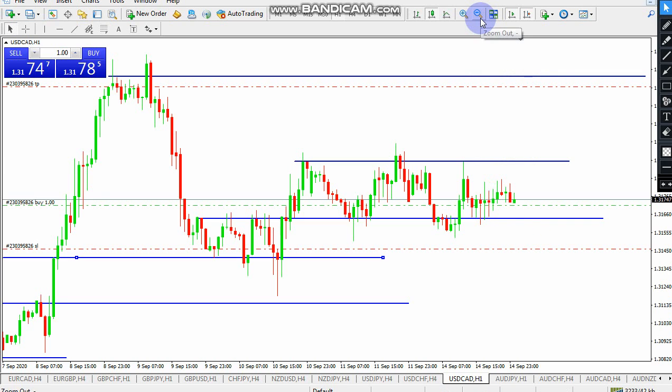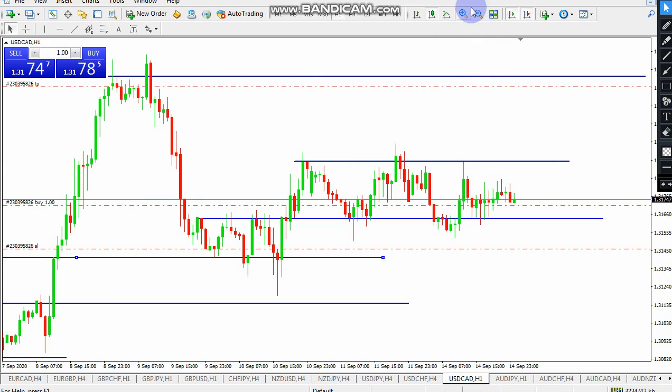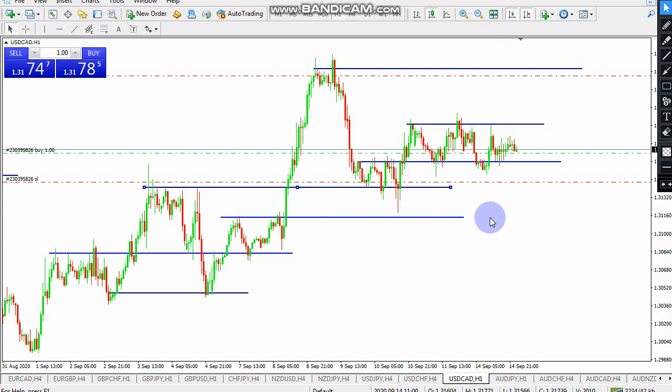So I just hope this kind of sample and analysis comes in handy for you guys, that you don't need to clutter up everything on your chart with indicators or analysis paralysis.